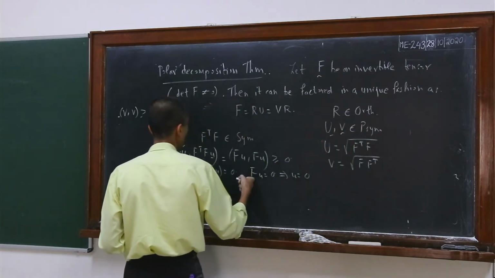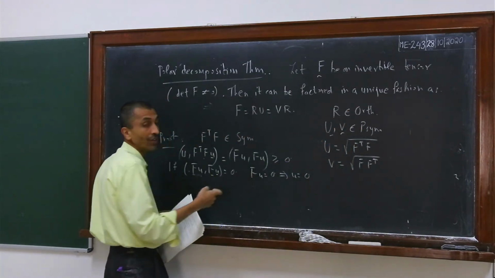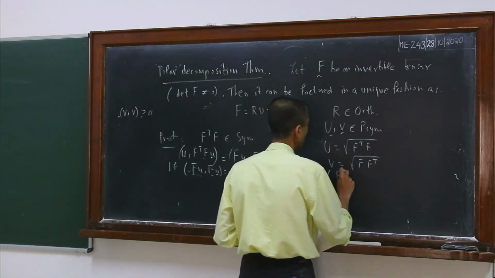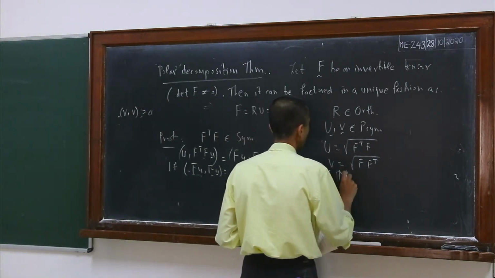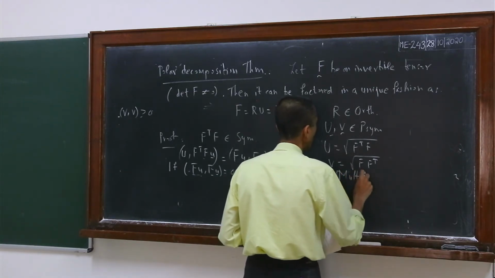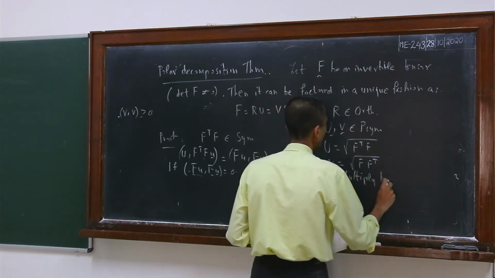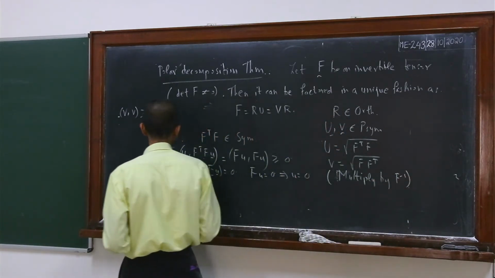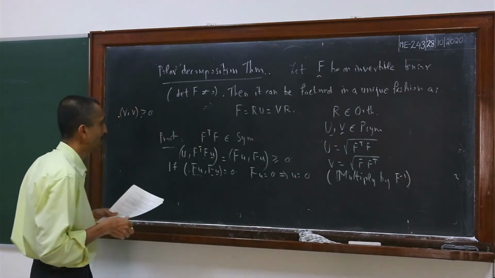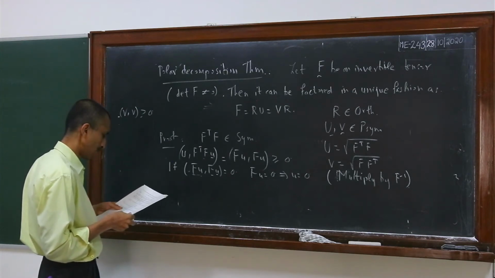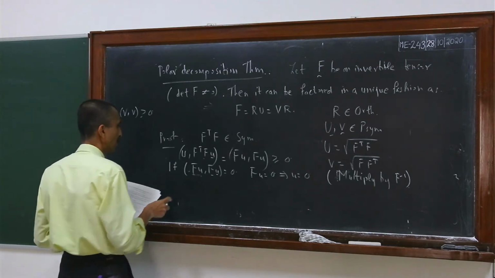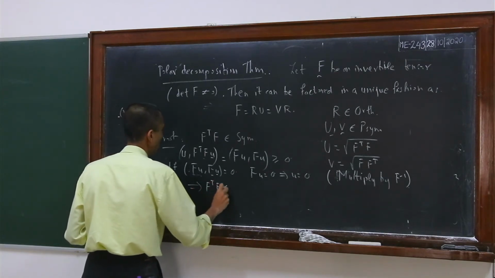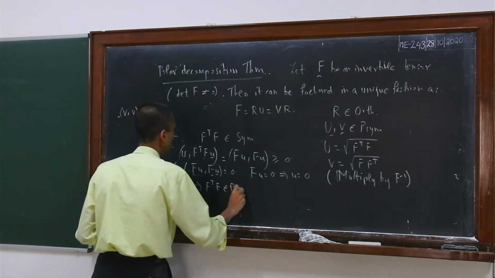So you can always multiply this by F inverse. So F inverse exists, so that's why we multiply by F inverse. So then you will get that u is equal to 0. So what we have shown is that F transpose F does belong to Psym, right?